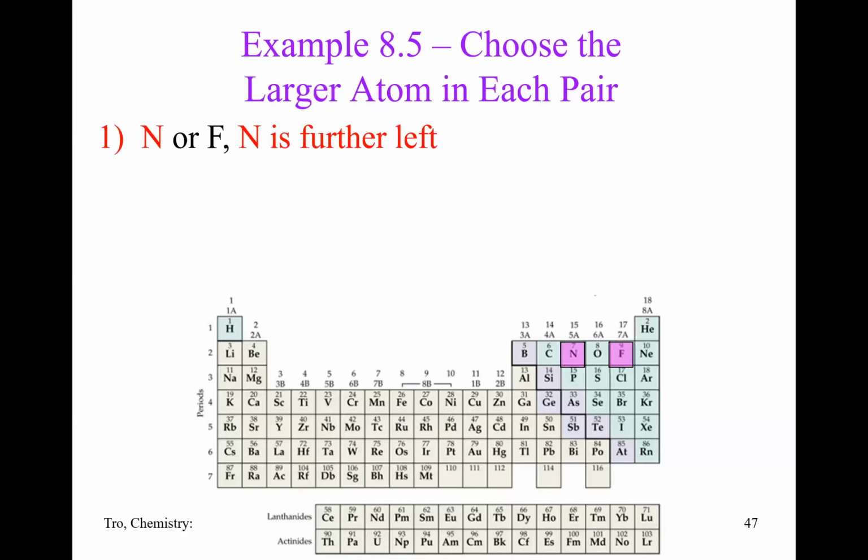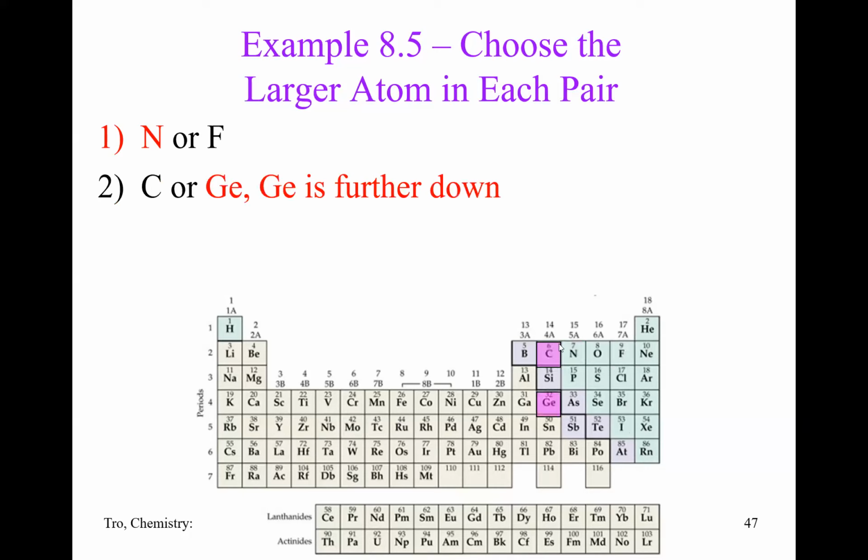All right, so in order to ask a fair question, you have to do something that stays within the trend, right? So we have a trend for going over and down, which means if you're asked to compare two in a period, you know the trend, that makes sense. If you're asked to compare two in a group, you know the trend, that makes sense.